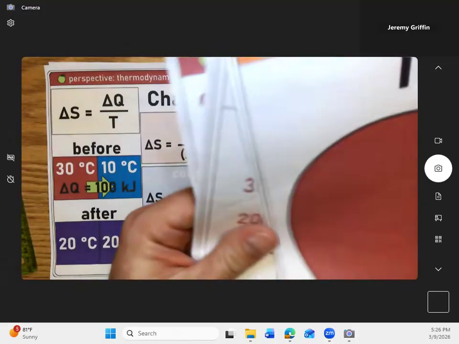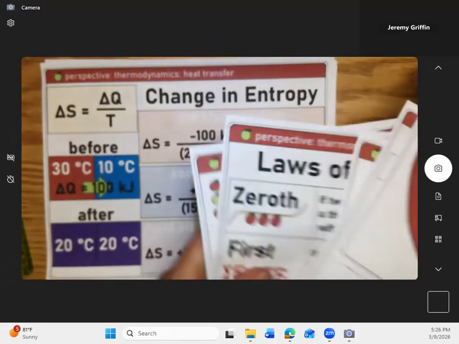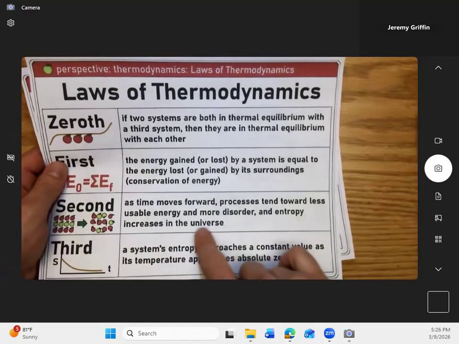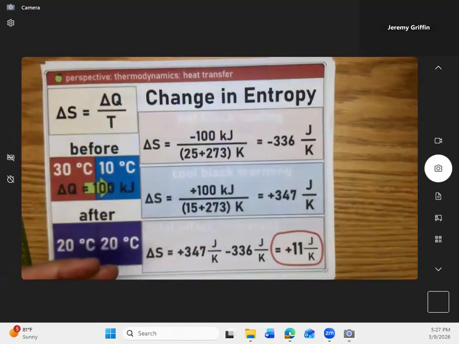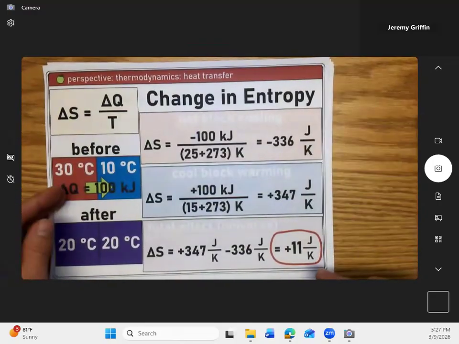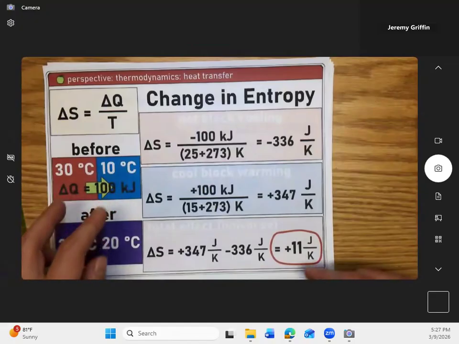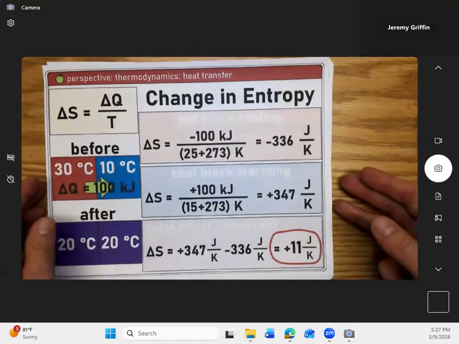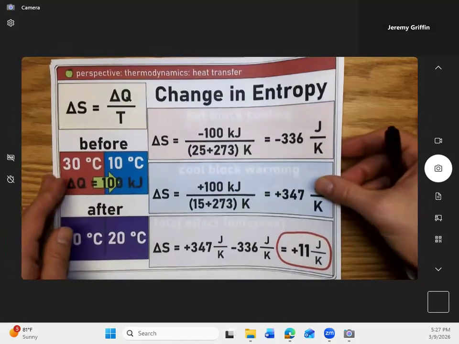Here's my laws of thermo. See where it says entropy always increases in the universe. From a universal point of view, we got individual blocks, but the two-block system is what I'm considering the universe in this case. So it's always positive. It's how fractions work, it's how statistics work. That's what the second law says.